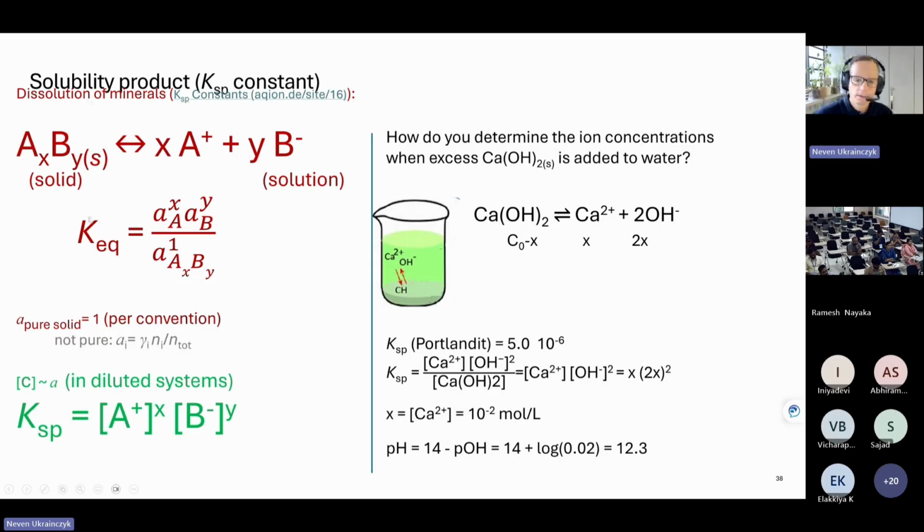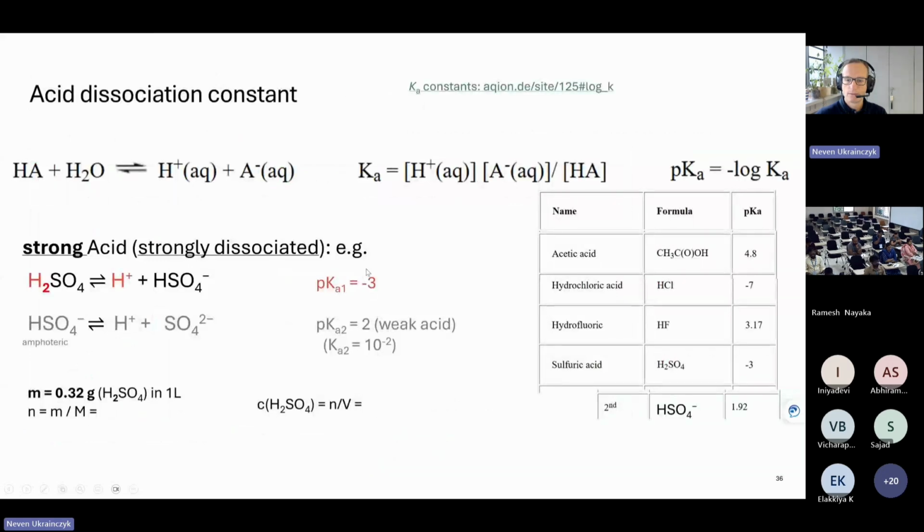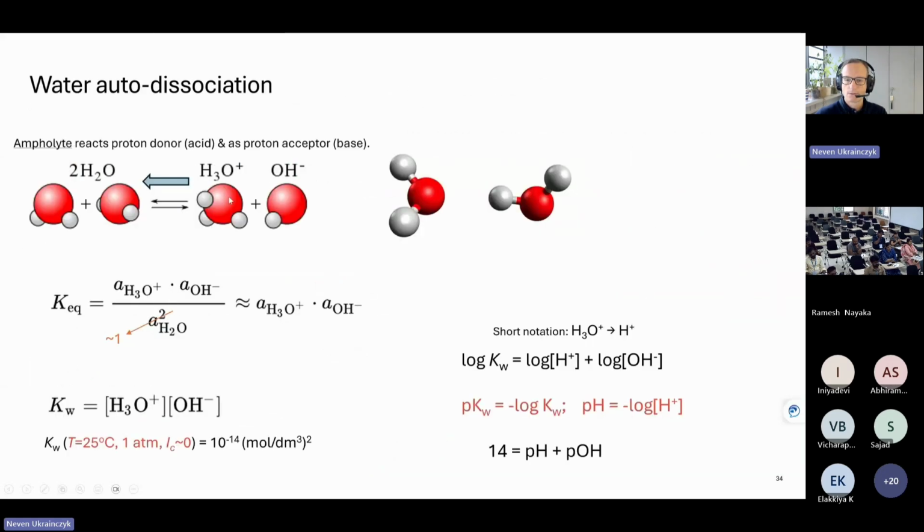And any equilibrium actually has what we have here. It's always what you have on the right-hand side divided by what you have on the left-hand side. But the left-hand side, if it's solid, is 1. And if it's water, it's also 1, because it's the solution, it's everywhere.